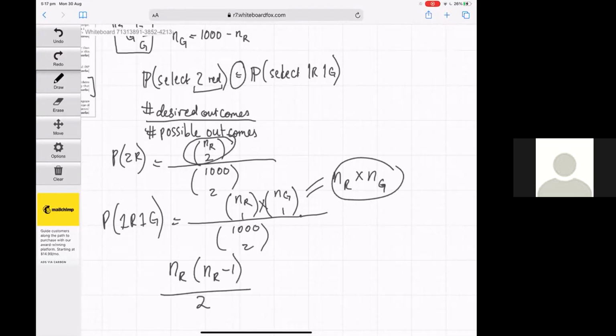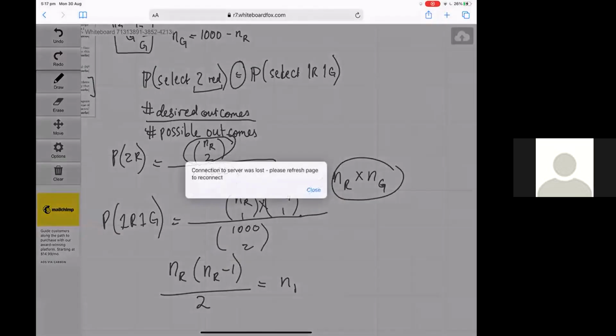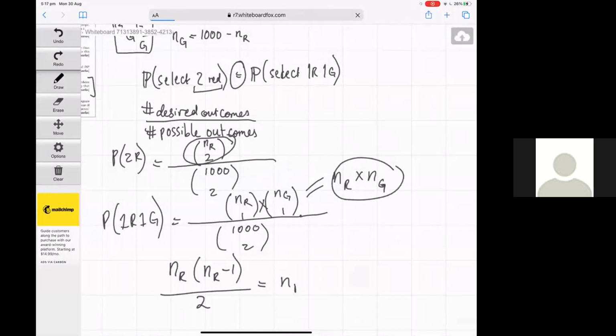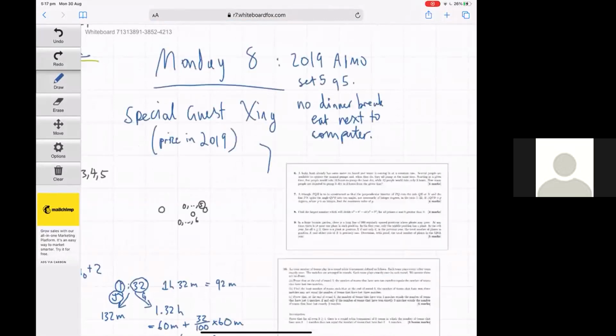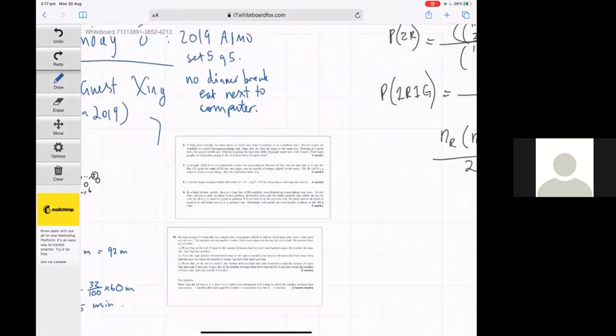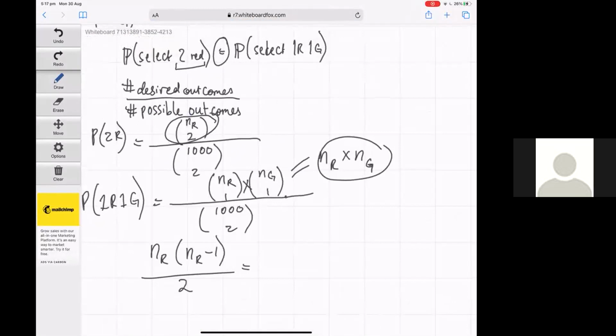That follows straight from the formula, and it equals nr times ng, which is also equal to nr times 1000 minus nr.